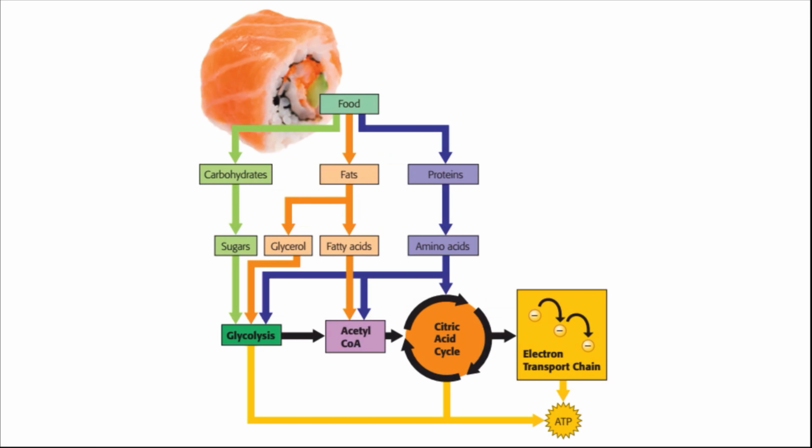The proteins in our food contain amino acids that are used in glycolysis, the conversion of pyruvate to acetyl-CoA, and the citric acid cycle. All of these processes produce high-energy molecules that are used in the electron transport chain, where a bulk of ATP is produced.